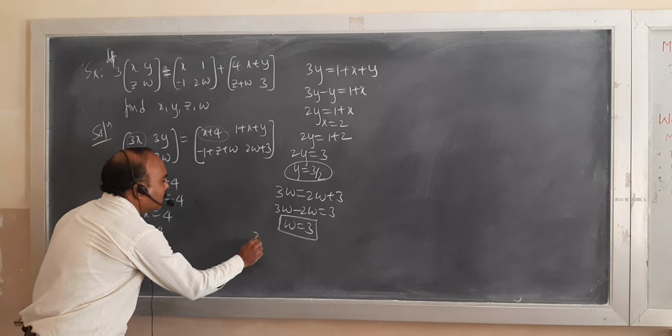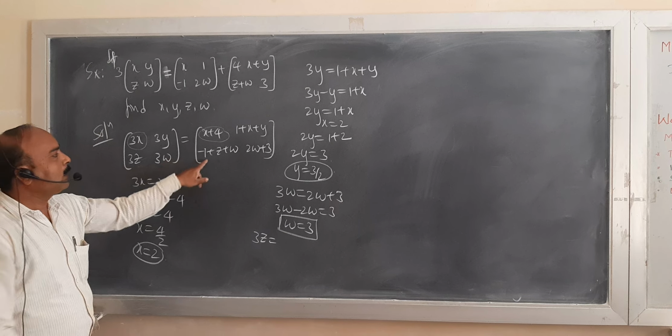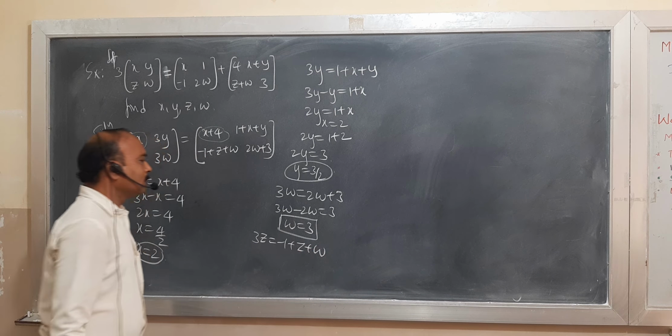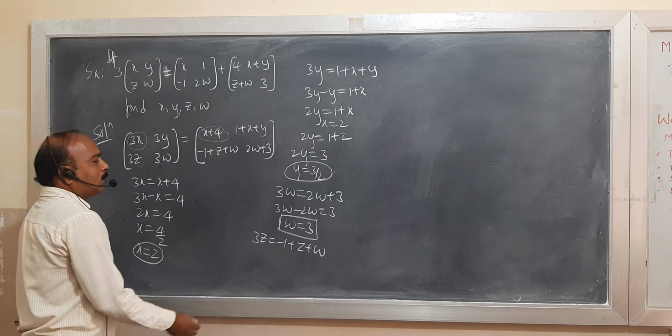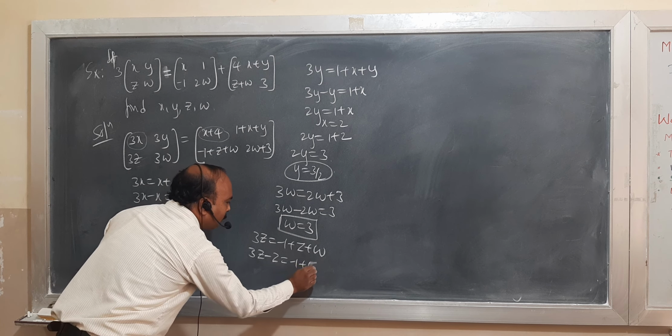Next we go for equality of a 1 element with a 1 element, that is 3z equal to, in that place you observe that minus 1 plus z plus w. Now you take z to this side. 3z minus z equal to minus 1 plus w.